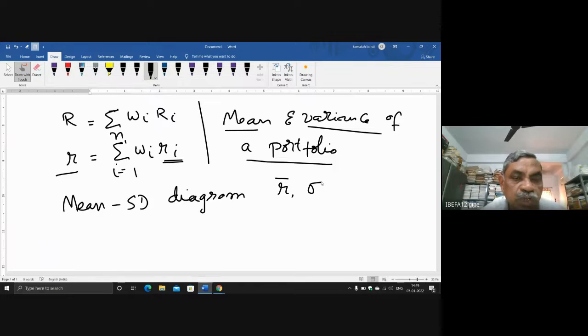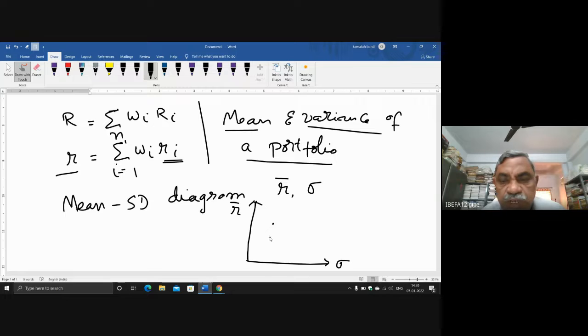Now any given asset can be represented in this two-dimensional diagram. This is known as the mean standard deviation diagram. Suppose you take a particular point. This point describes what will be the return, and associated with that, what would be the risk as measured in terms of the standard deviation.